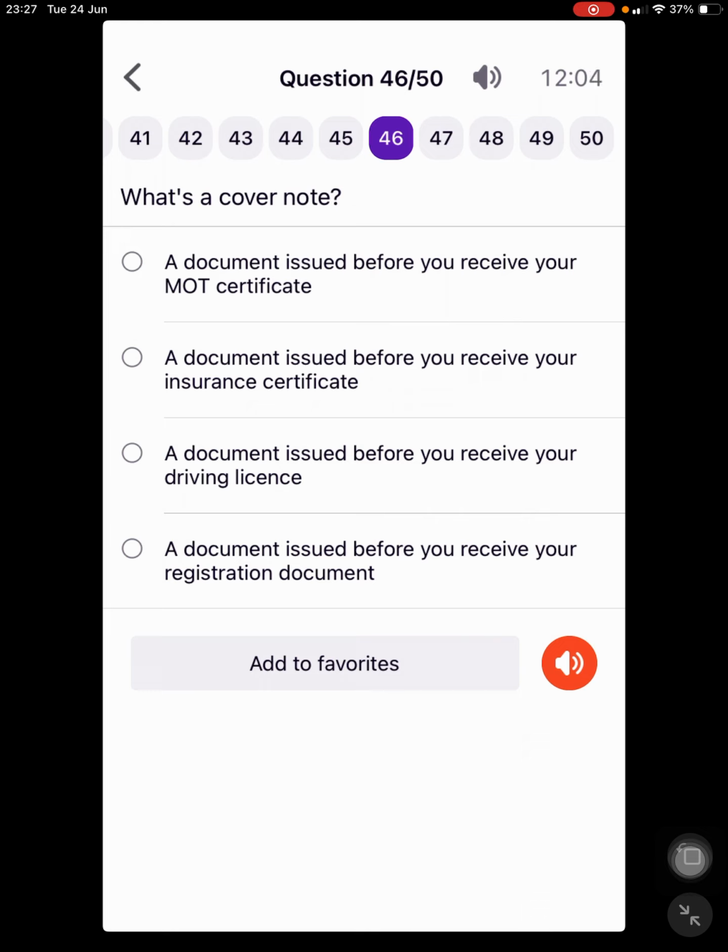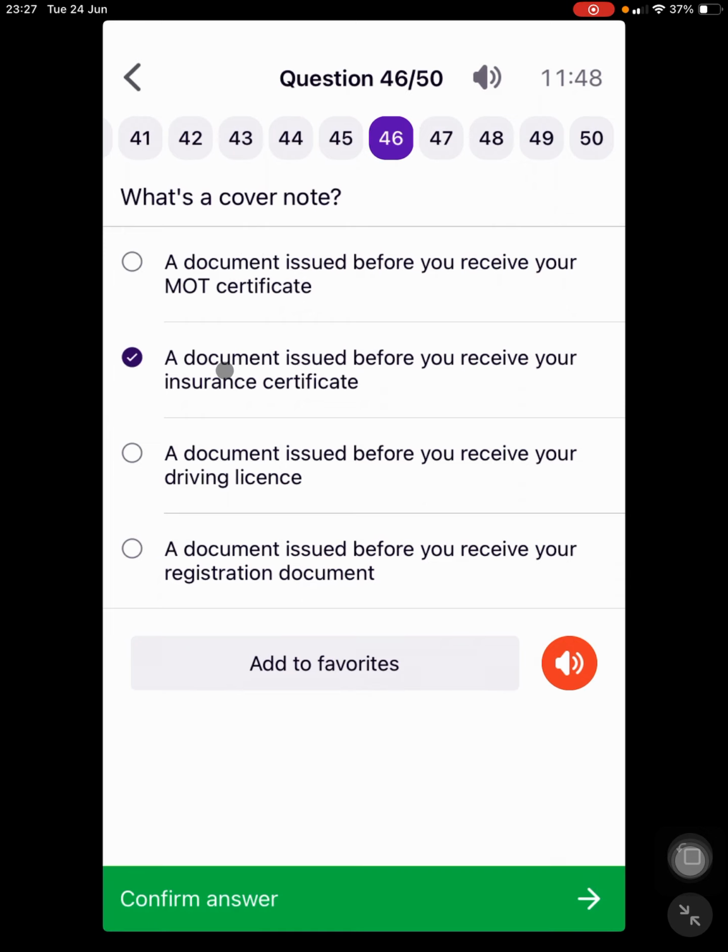That proof, the email or the letter that proves your insurance, is called a cover note. So what's a cover note? A document issued before you receive your insurance certificate. That's the answer.